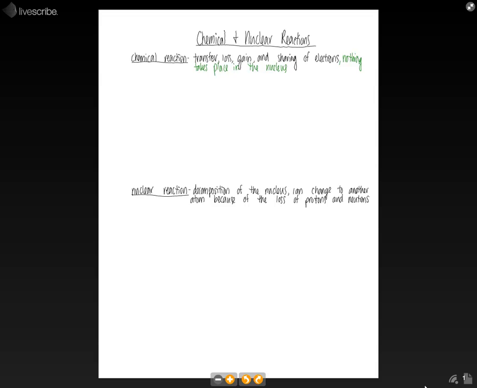And this is different from a nuclear reaction, because a nuclear reaction is the decomposition of the nucleus. In this type of reaction, it can change to another atom because of the loss in protons or neutrons from the nucleus. But this type of reaction has nothing to do with electrons.